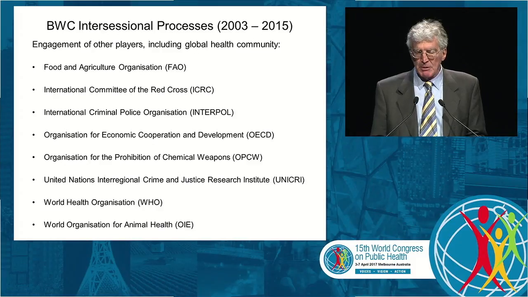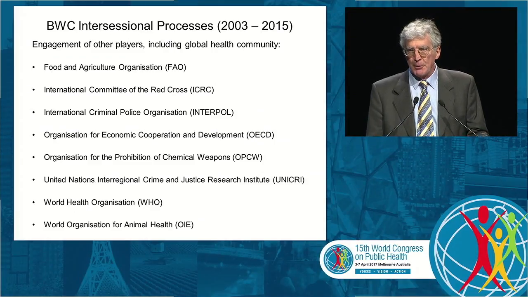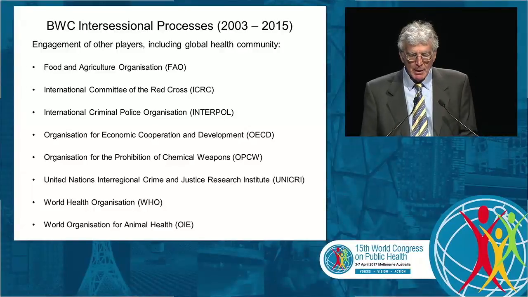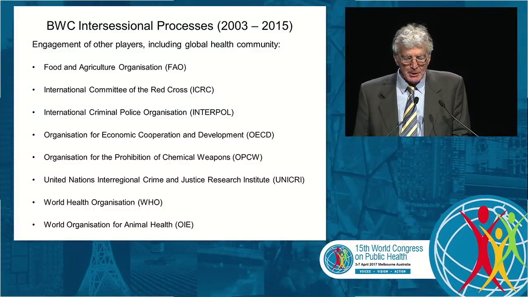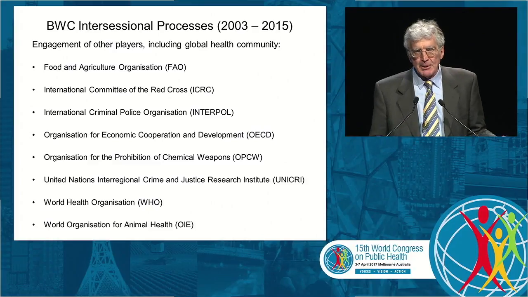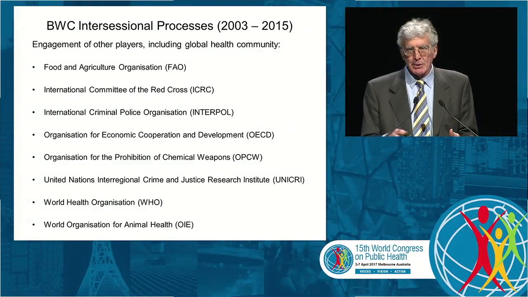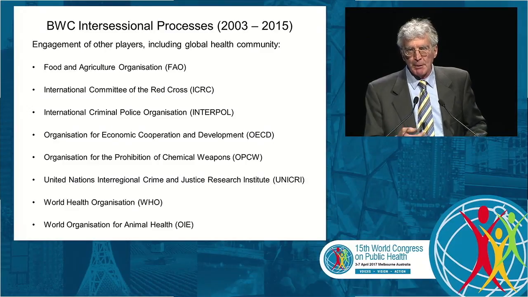The OPCW was involved, at least in part because toxins are covered by both BWC and CWC, so use of toxins would involve people from both treaty regimes, WHO obviously, and also the OIE. So this became very much a process of sharing knowledge between those organisations, sharing information and working together to try and prevent the occurrence of disease outbreaks.